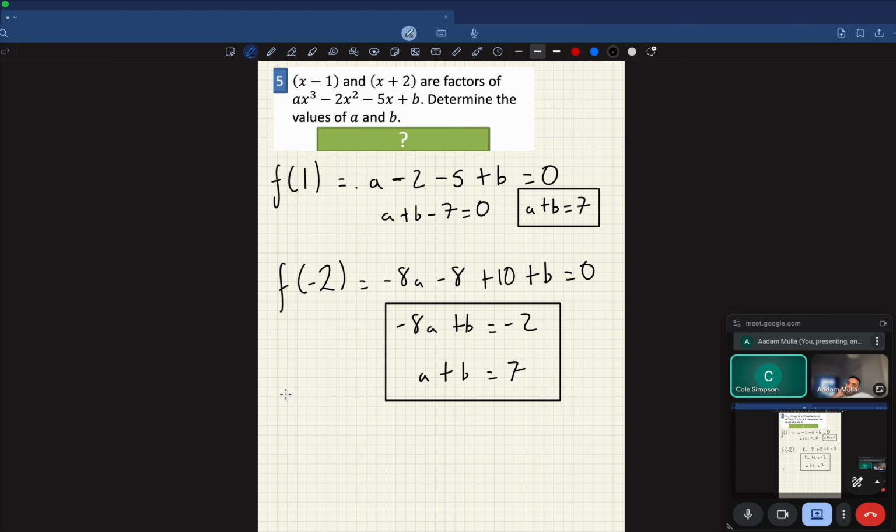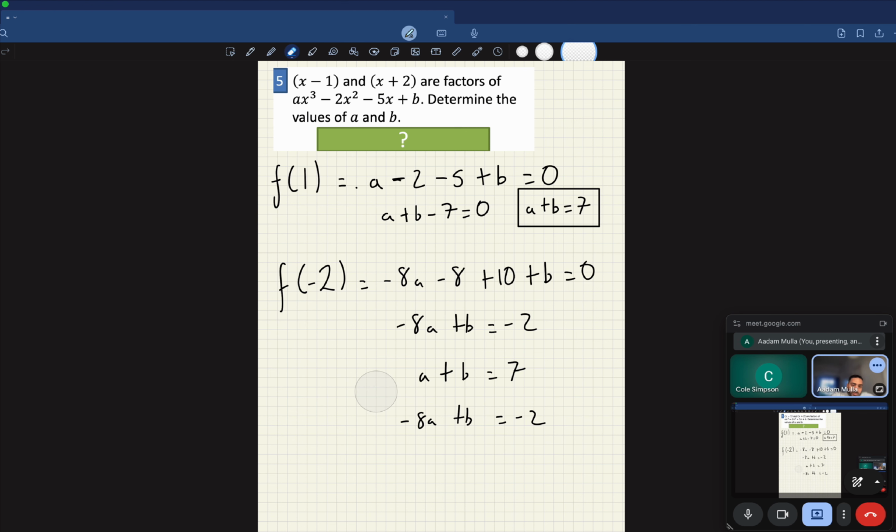I've wrote them like the other way around from you. Does that matter? I actually think it's better if you wrote it the other way around. So if I write it minus 8a plus b equals minus 2, it's better if I take them away like this.